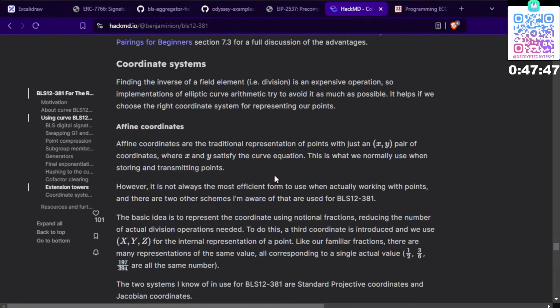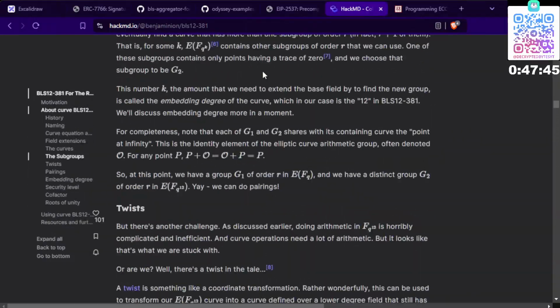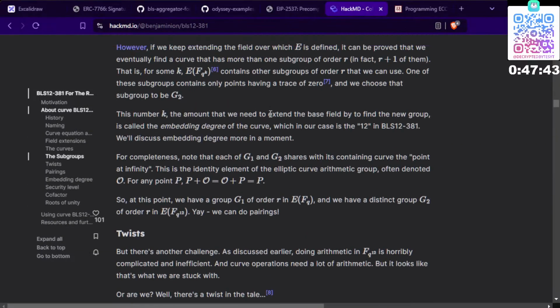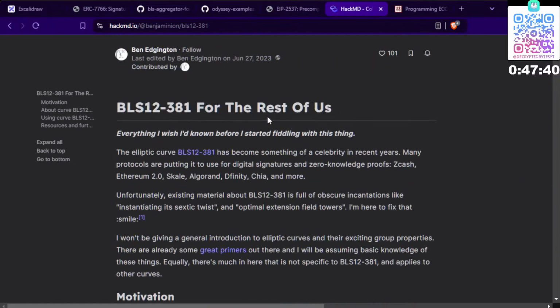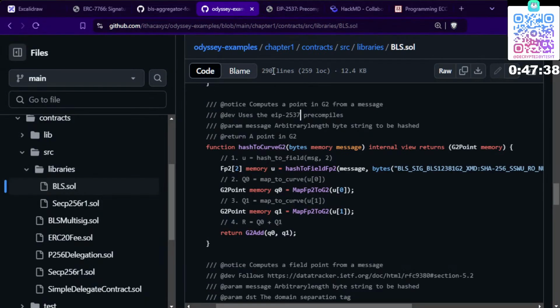Okay, let's read this because this is actually related to what we want to do. We're gonna use the Odyssey testnet with Foundry. Odyssey testnet? No, but there are inbuilt functions that we have, and we can use those.